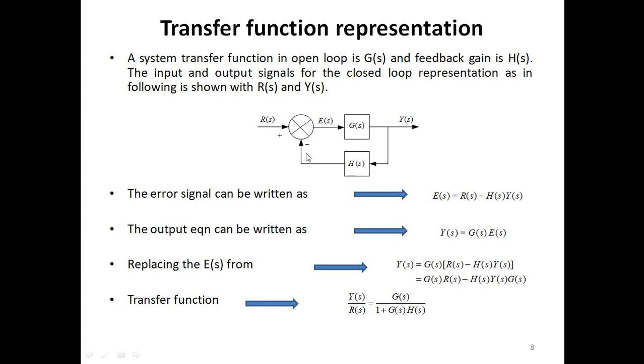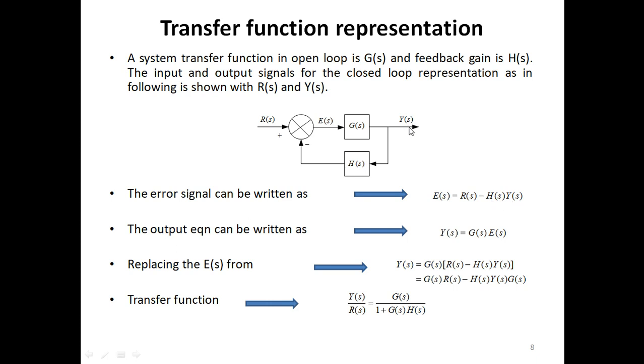A negative feedback system is considered here. E(s) represents the error signal and can be defined as R(s) minus H(s) into Y(s). So E(s) equals R(s) minus H(s) times Y(s).